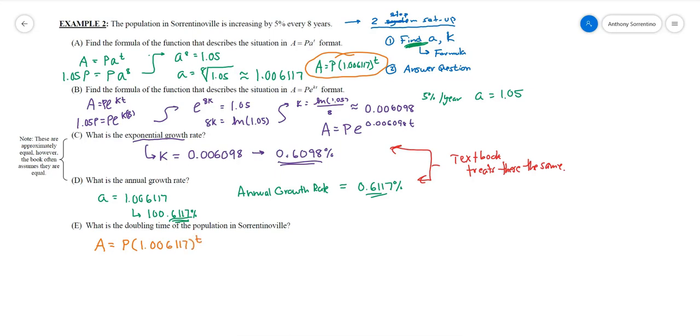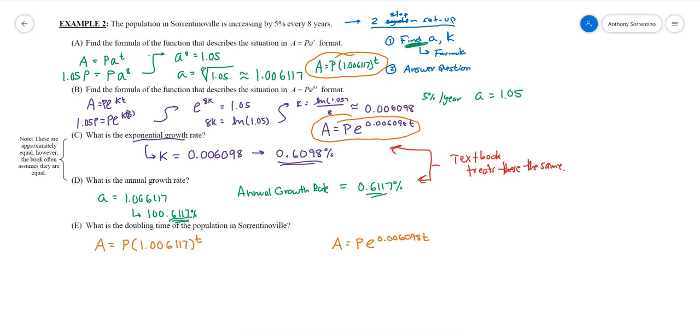Or I could use the one that we just got from part B, which would be A equals P e to the 0.006098 t. It doesn't matter which one I make use of, and you're going to see this as we do the calculations.